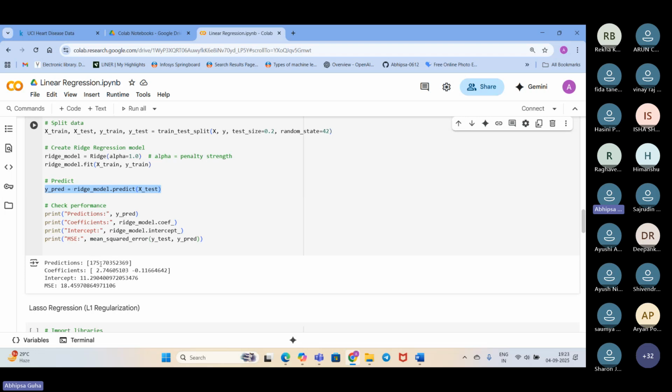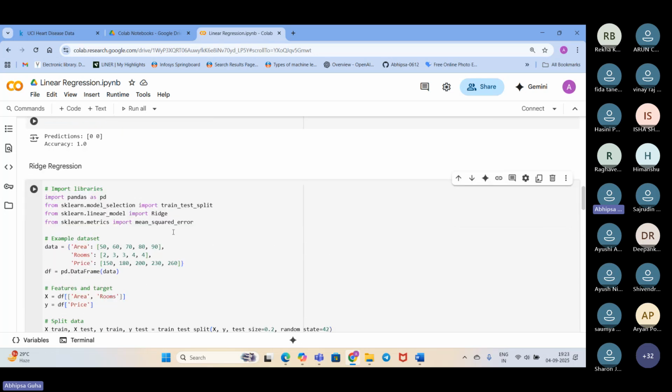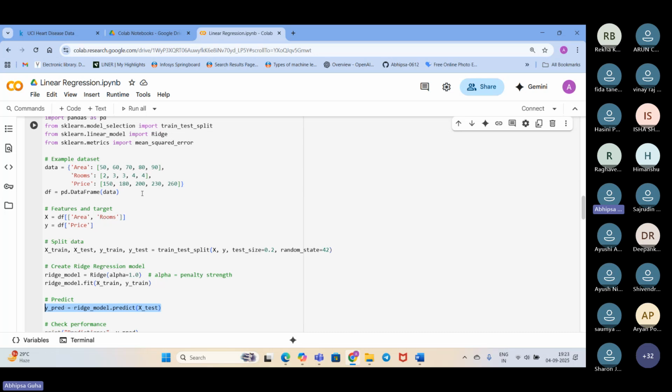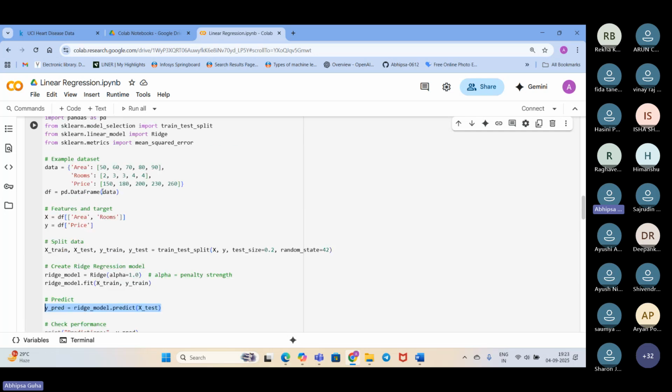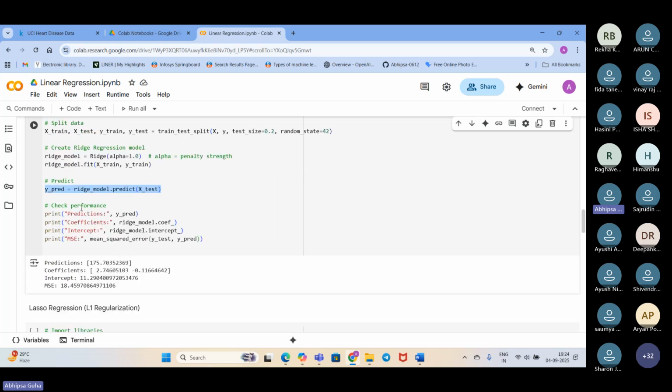That is the house price prediction based on the data we have given. It might have picked any data in between these values, and it has given the prediction as 175.